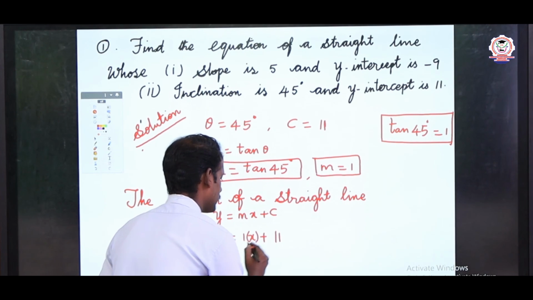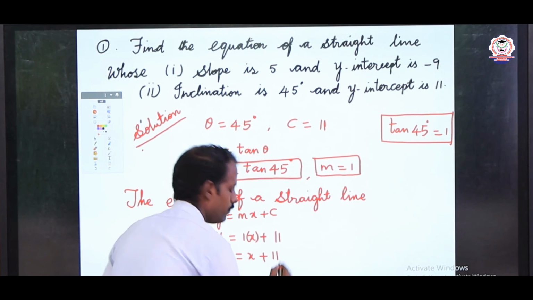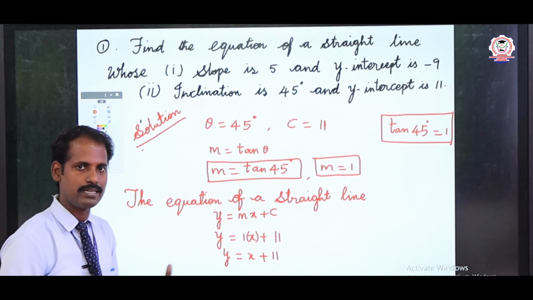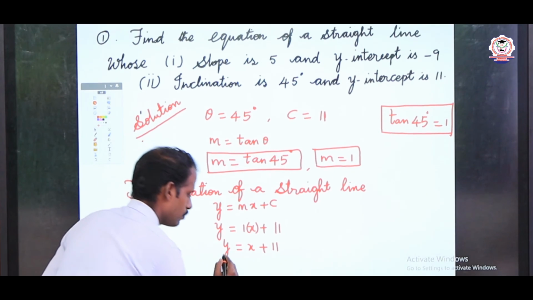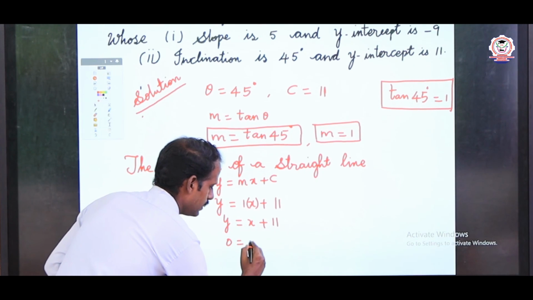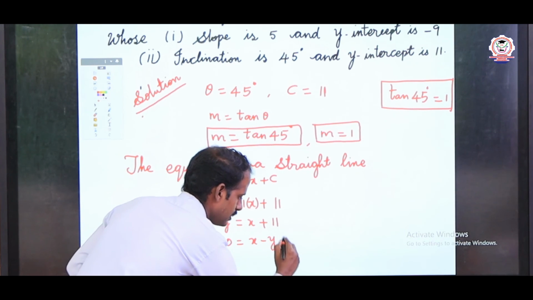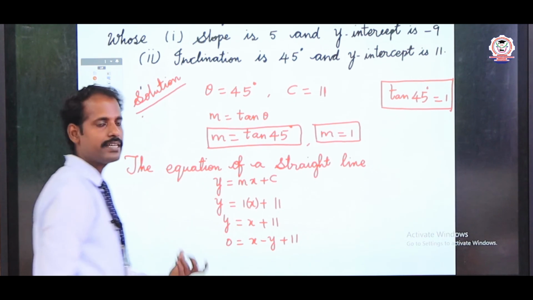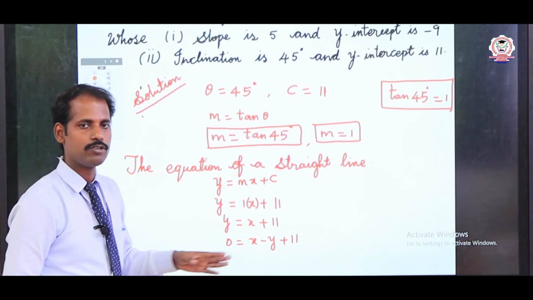So y equal to 1 into x plus 11, so y equal to x plus 11. Whenever we write ax plus by plus c equal to 0 as the equation of the straight line, y is sent to the opposite side. Now we get x minus y plus 11 equal to 0 as the equation of the straight line.